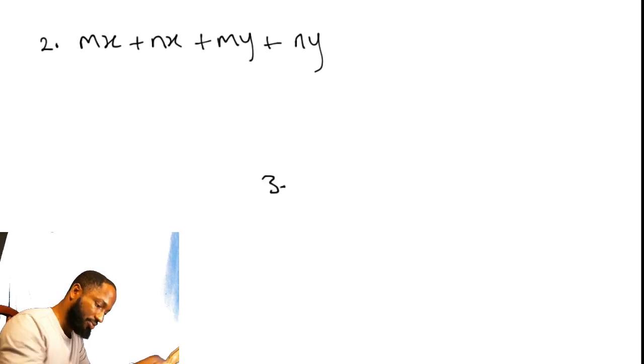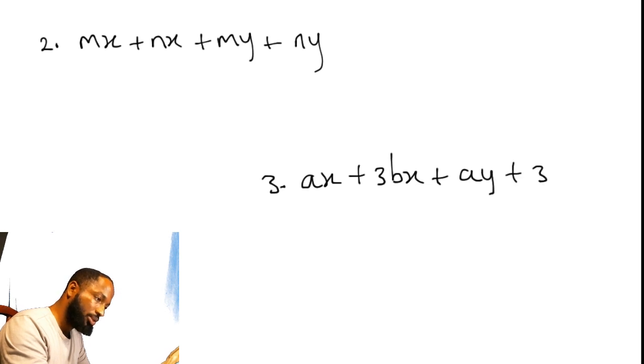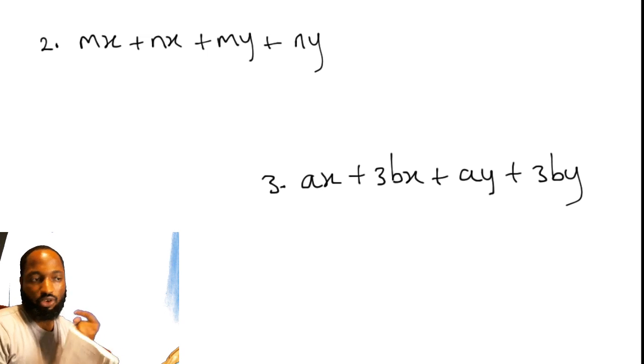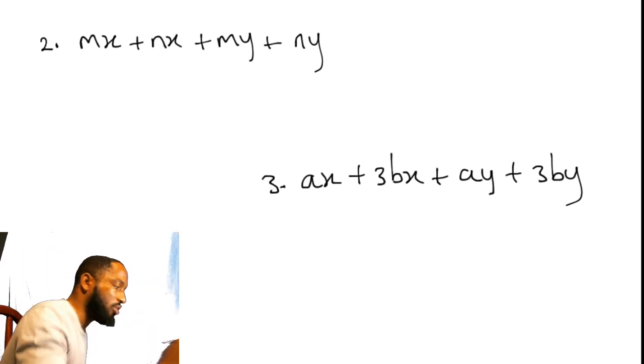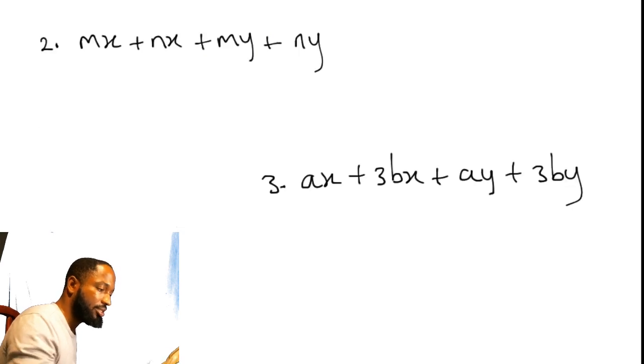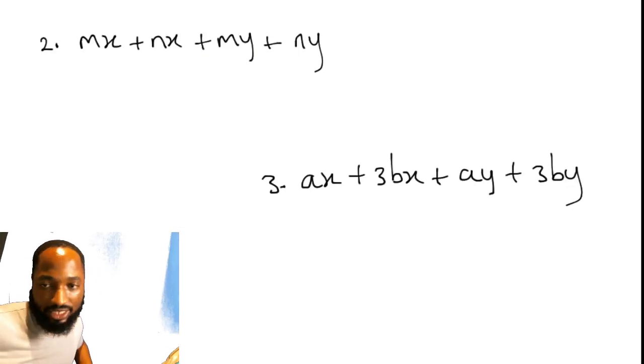And 3. ax plus 3bx plus ay plus 3by. Another simple one. So you're going to end up with 2 brackets. You'll always end up with 2 brackets like that in these. So try those 2, see if you can get the answer for those 2.